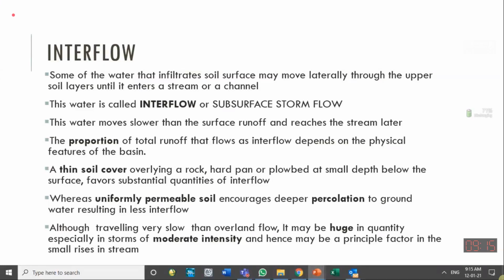So when water infiltrates in the upper layers and has not reached the water table. The water table is the upper part of the groundwater body, the top of the groundwater body, and we mark that line as the water table where we see the soil is fully saturated. Another identification of the water table line is that there is no suction pressure over there.